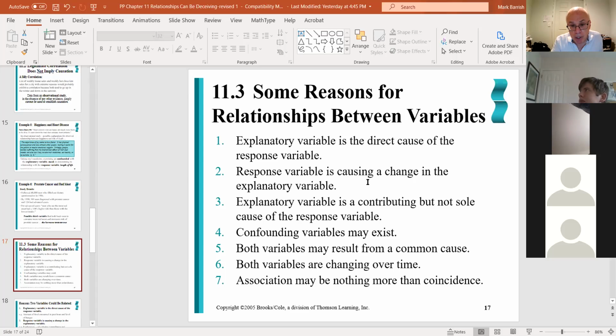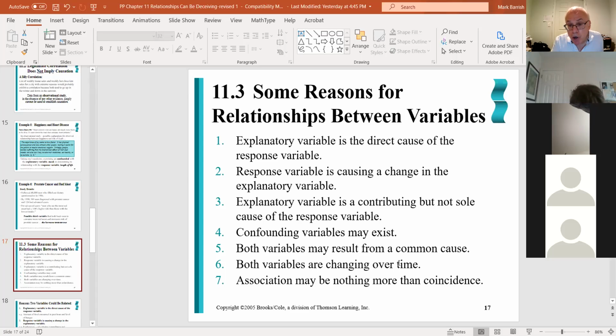That could be causing the correlation. The explanatory variable is a contributing but not the sole cause of the response variable. In other words, there could be multiple variables causing the change in the response variable. Confounding variables may exist. Yes, of course. Both variables may result from a common cause. Remember the Christmas example with the ladies working more during Christmas and the Christmas trees. That's an example of that.